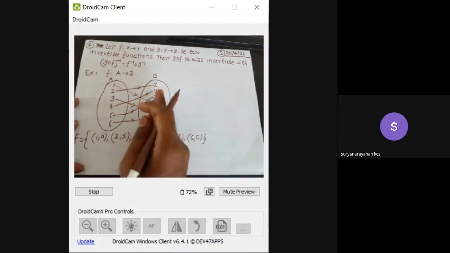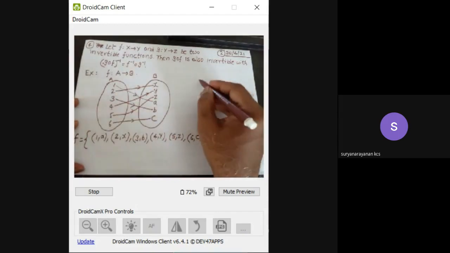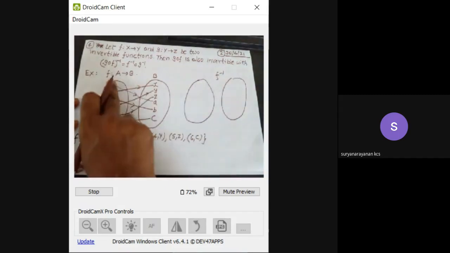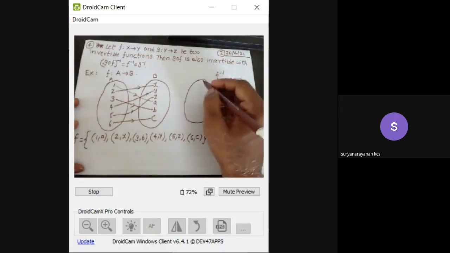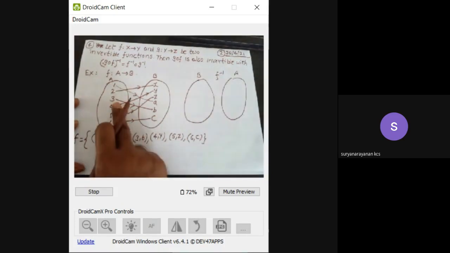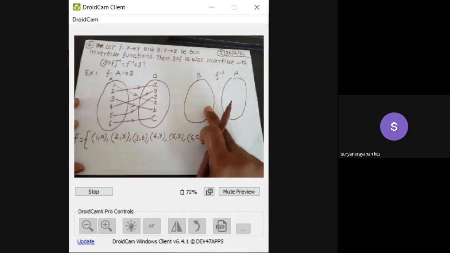Now let us write its inverse. F is a mapping from A to B, then F inverse is a mapping from B to A. The codomain becomes the domain and the domain becomes the codomain.